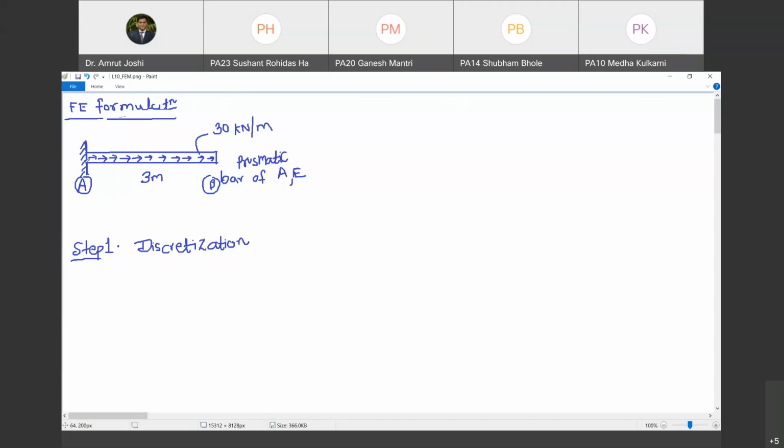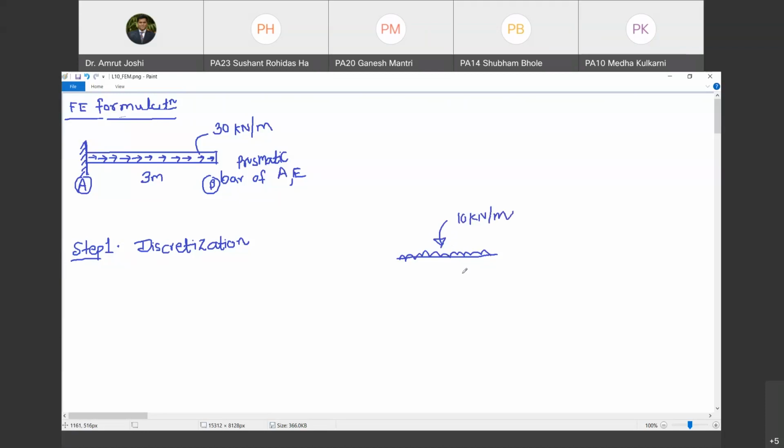It is subjected to a uniformly distributed axial load. So the load is along the axis. As you can see, all these arrows are along the axis. Something like uniformly distributed normal load, which typically acts on beams, let us say is 10 kilonewton per meter. So this load has an ordinate of 10 kilonewton per meter.